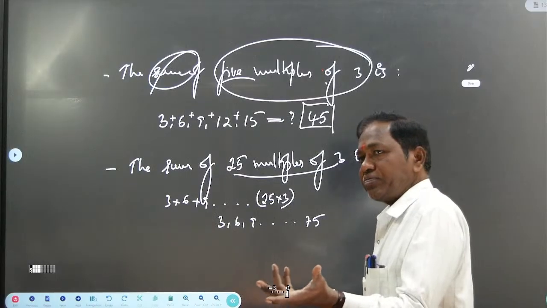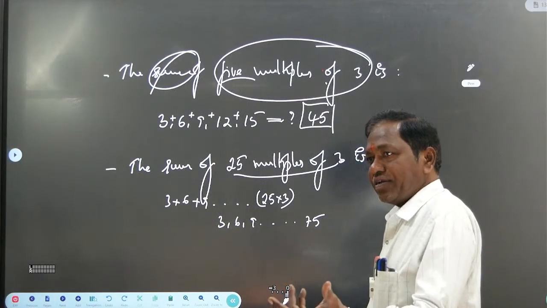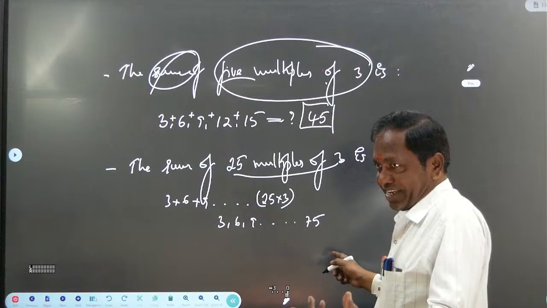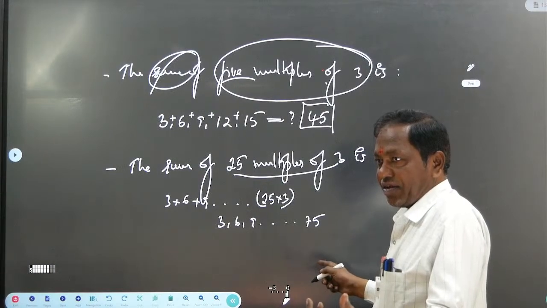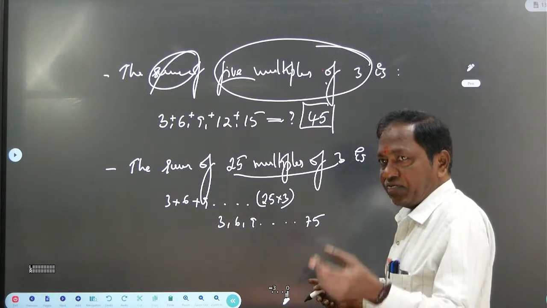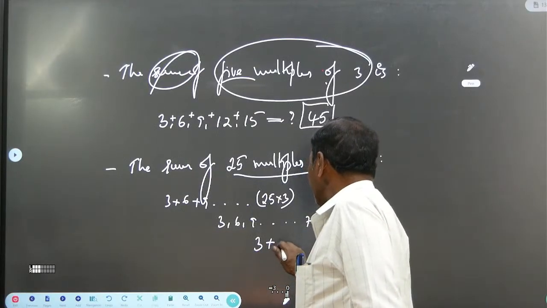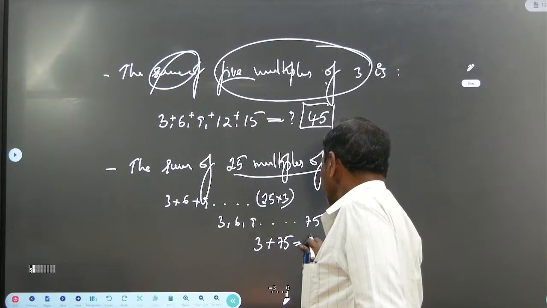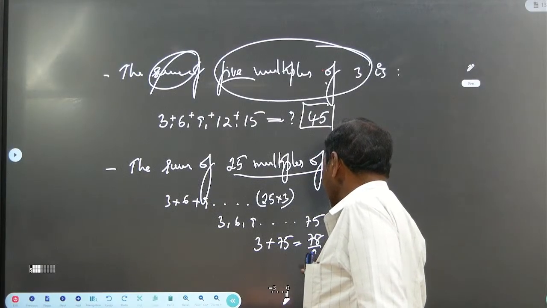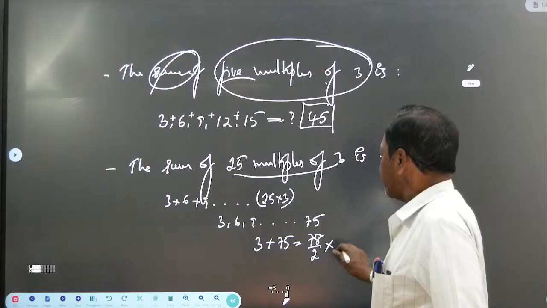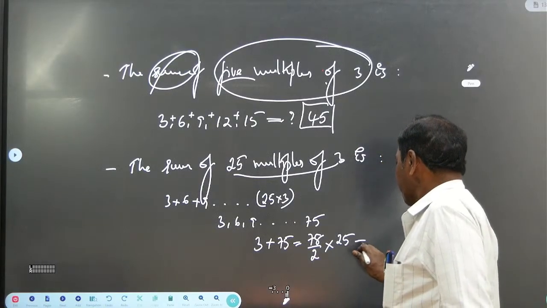Again, what is the concept we have used so far? This is the consecutive numbers again. It is the progression. First from the beginning, first from the last. 78 by 2 you will get the average, into number of observations, which are 25.